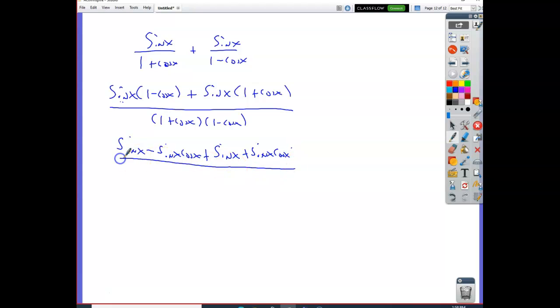On the bottom, what am I getting? On the bottom you get 1, and then outers, so negative cosine x, and then cosine x, cosine squared.